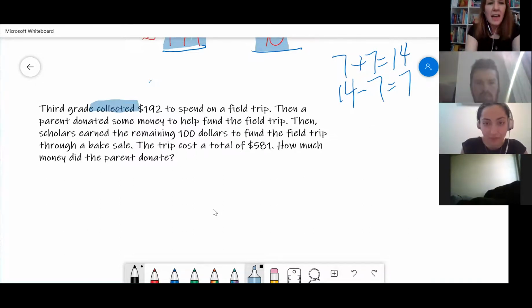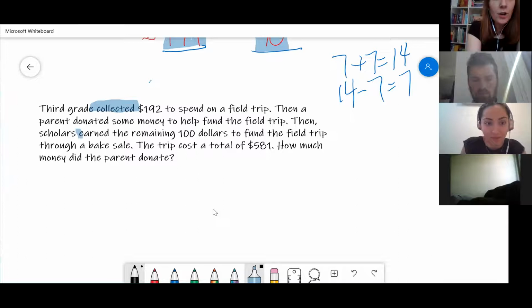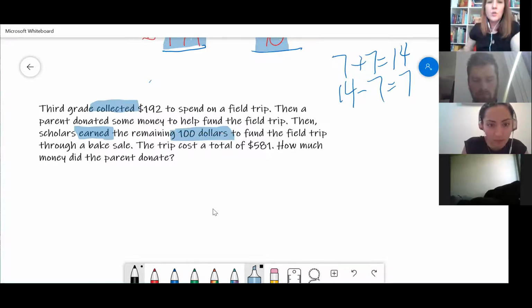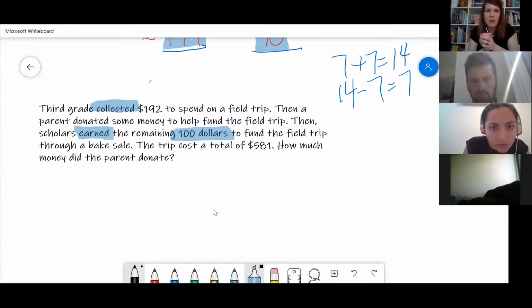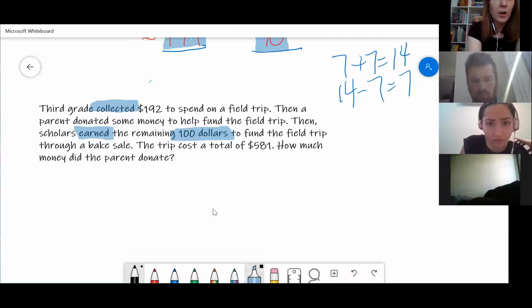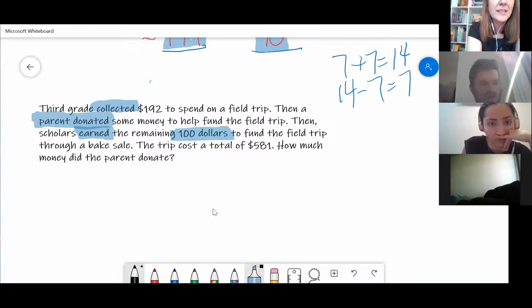Great. Then we earned, which is also another action word, $100. So in our story today, we're talking about collecting or earning to join that amount. And then my last action word is a parent donated. When somebody donates something, what does that mean? Ahmed, go.